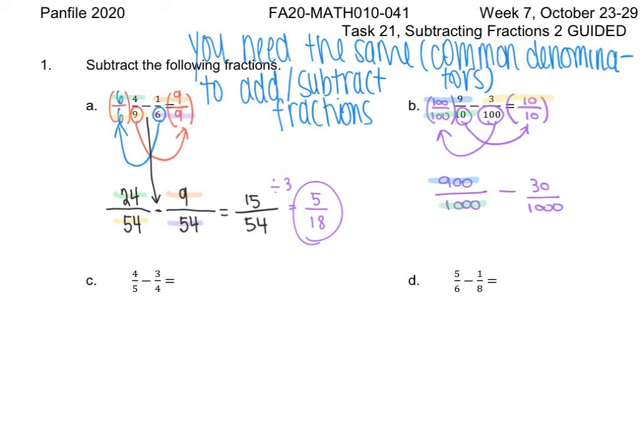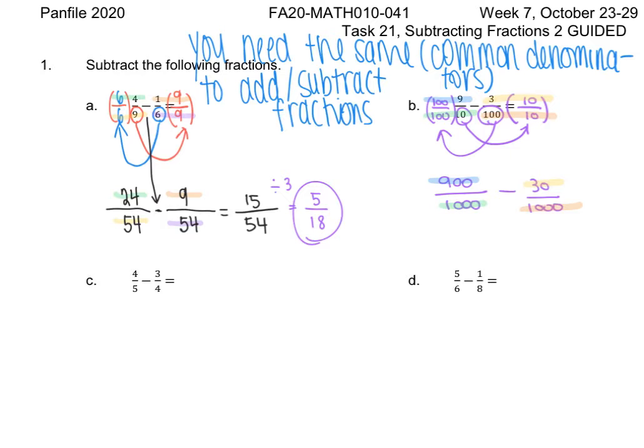We have the top on the right, and the bottom on the right. We're still subtracting because on this whole worksheet, we're going to be subtracting. And again, 100 times 9 gives me 900. 100 times 10 gets me 1,000. 3 times 10 gets me 30. 100 times 10 gets me 1,000.